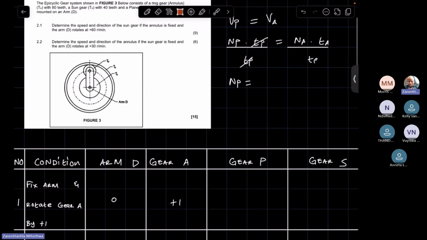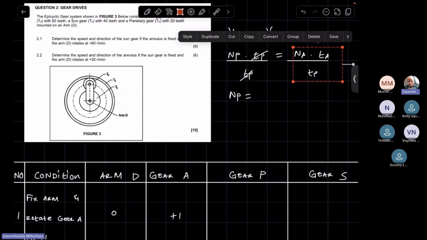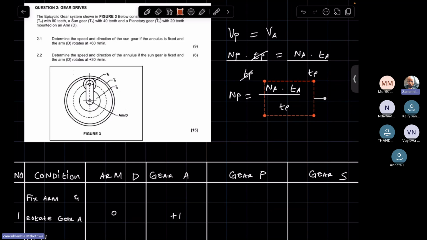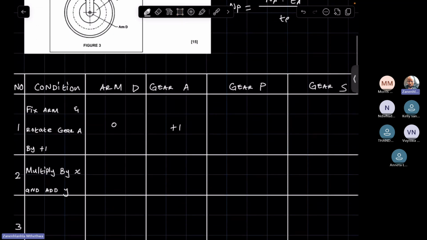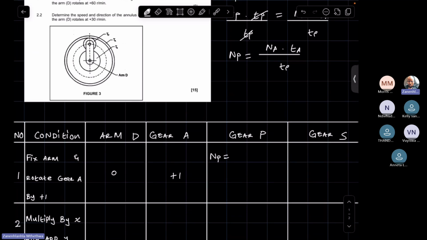So just to complete this, NP, which is what you're looking for, is equal to NA times TA over TP. Now, what is NA equal to? NA is equal to positive 1. So you have positive 1 times TA.